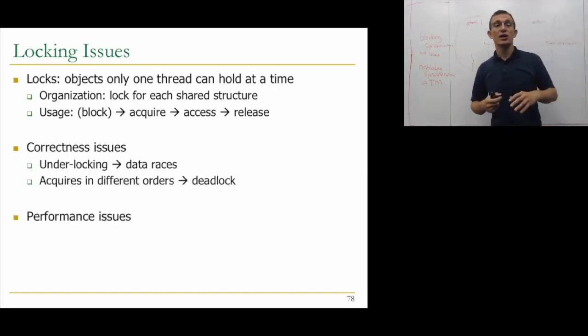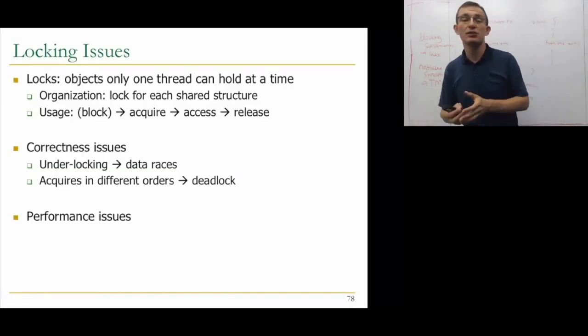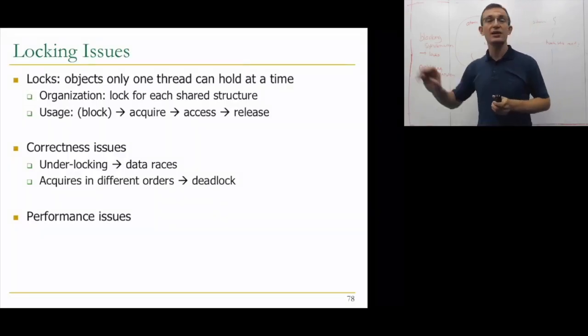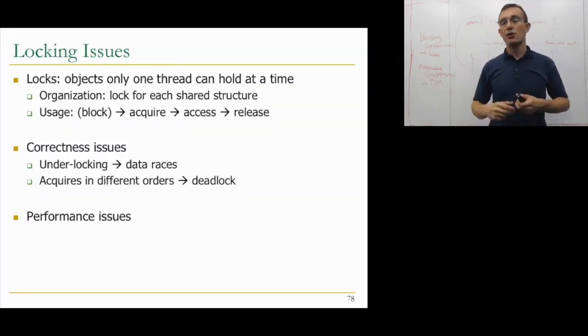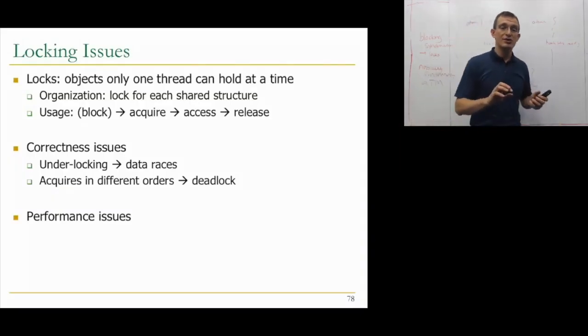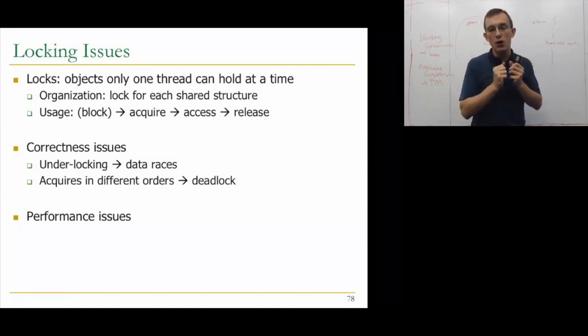Correctness issues: if you want high performance, well, you may sometimes need to forget a lock, right? This leads to underlocking. Basically, this leads to data races, and sometimes you get incorrect behavior because you may have forgotten a lock. Why do you usually forget a lock? Well, you may be careless, yes, but sometimes you actually forget to protect some part of the code that needs to be protected because you're really trying to optimize performance in this code.